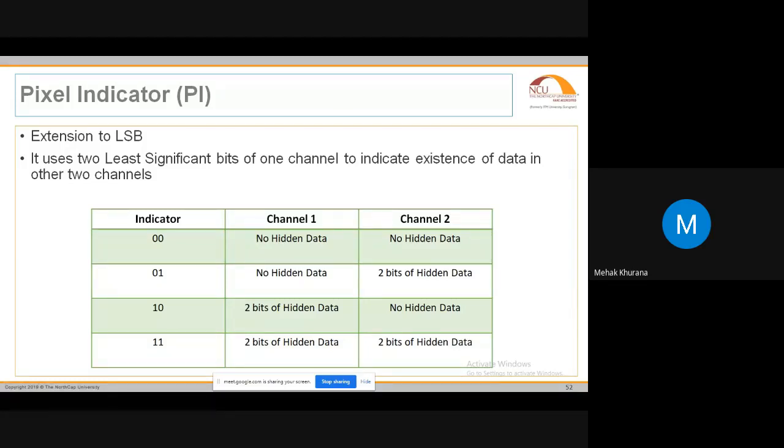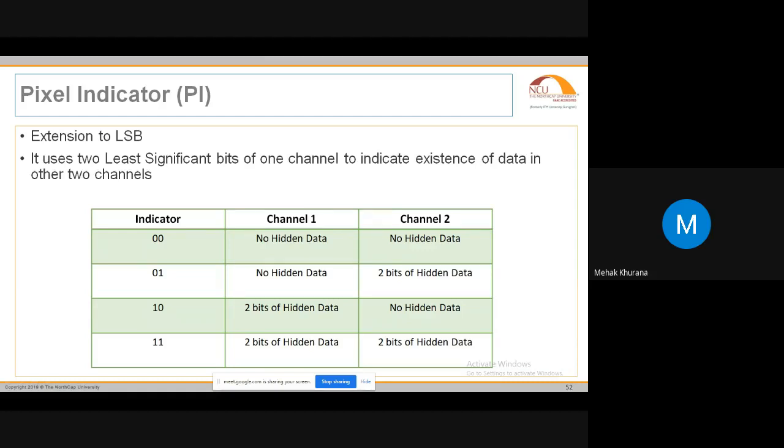So with the help of this indicator, which are the bits that will be represented in the 3rd channel, that will represent whether the data is there or not, because I am sending 100 of pics. The other side of the person should know by seeing the pic, or by seeing the pixels, or by seeing the channel which I've selected, whether the data is hidden in this image or not.